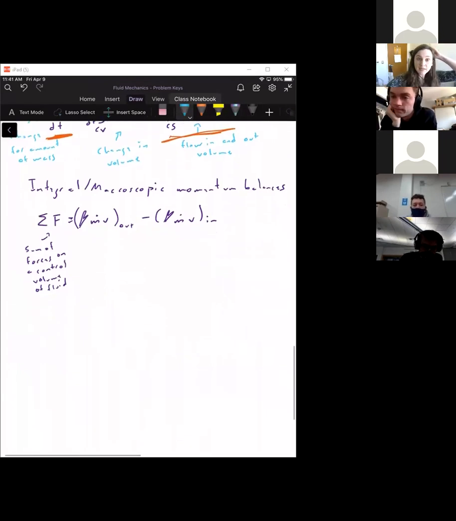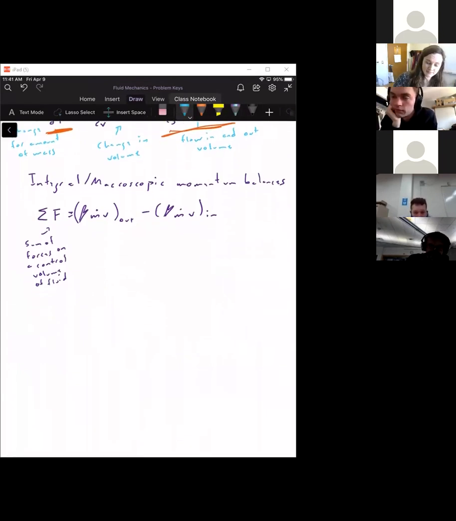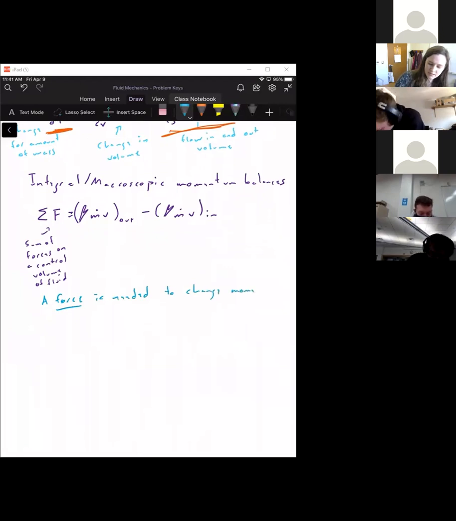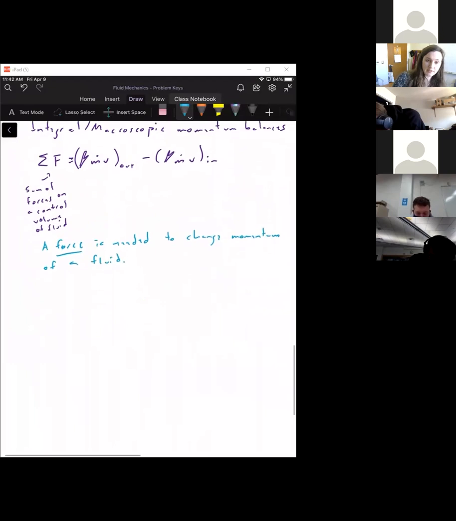All right, so that's momentum, and it tells you that a force is needed to change momentum of a fluid. Remember, momentum changes if speed or direction changes.